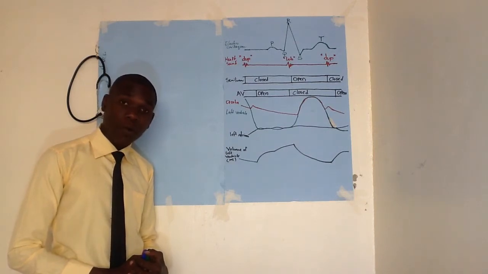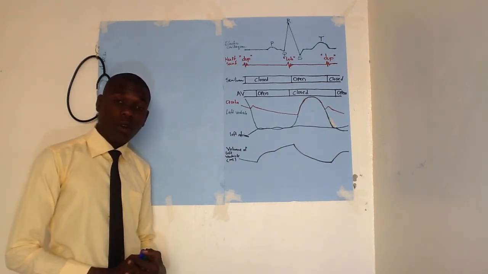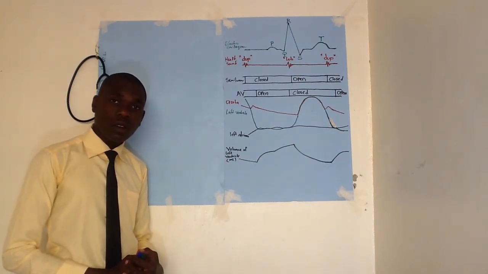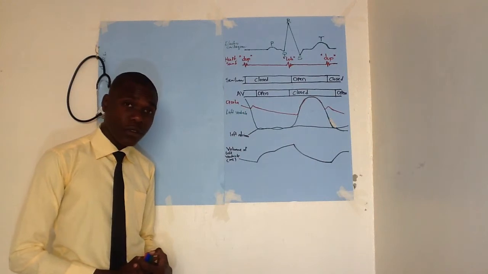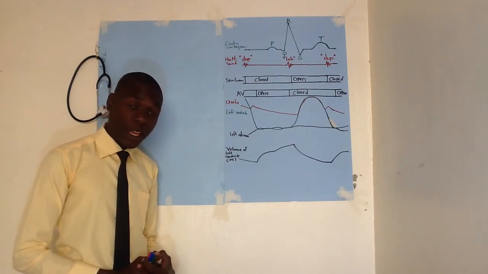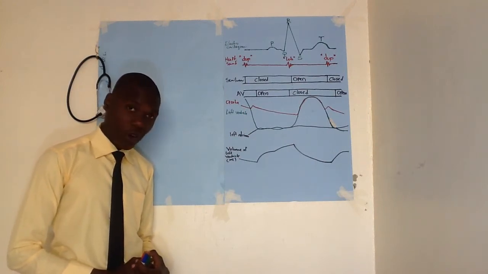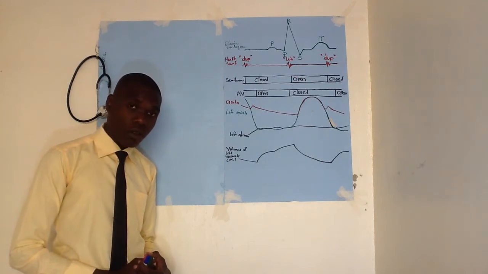It will be made up of the systole of the atrium, and it will finally end with the systole of the ventricles.